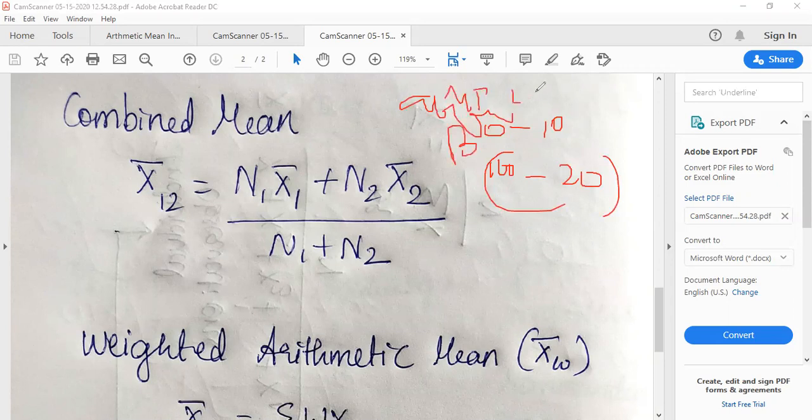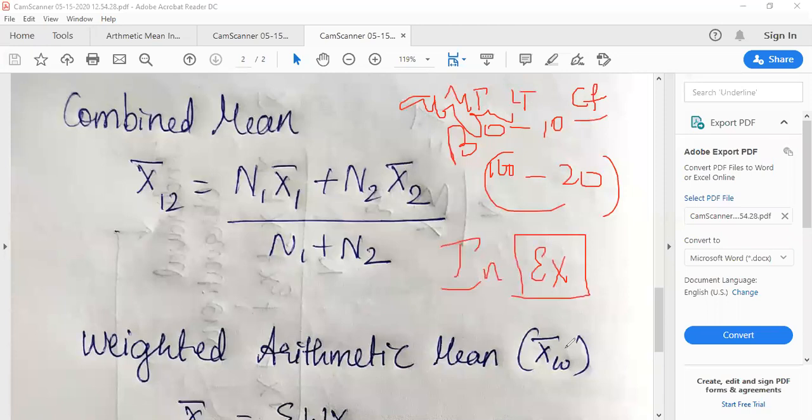For all open end class intervals, you will have to take cumulative frequencies, so be careful of cumulative frequency. Then inclusive and exclusive class intervals: always solve the problems with exclusive class intervals and not inclusive. If they have given inclusive, convert them to exclusive. So this is your complete arithmetic mean.